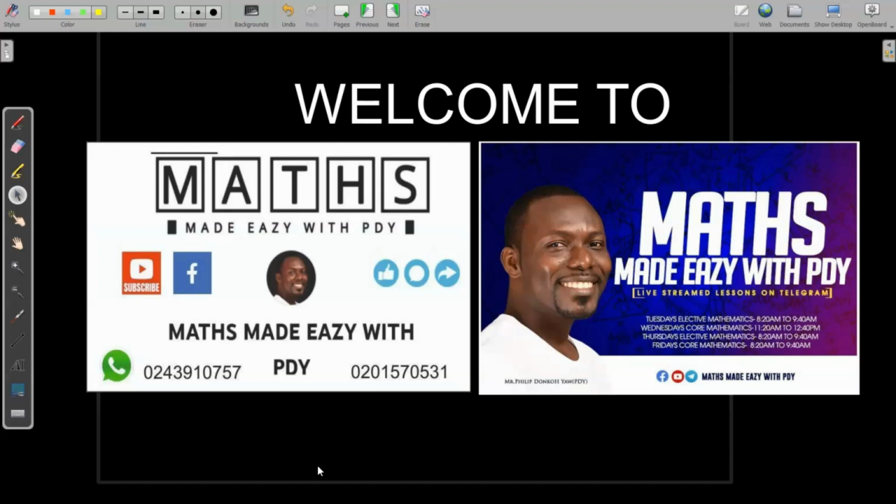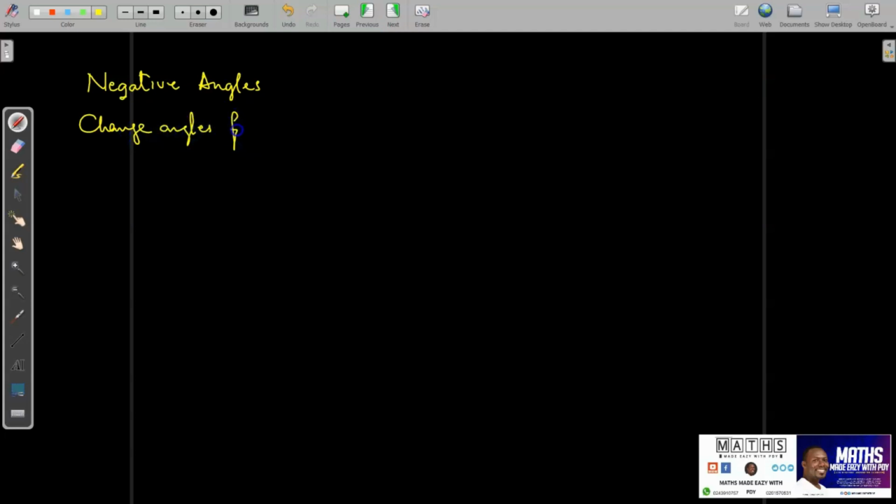In today's lesson, we are going to look at negative angles when it comes to trig, and then we'll look at how to change angles from degrees to radians.